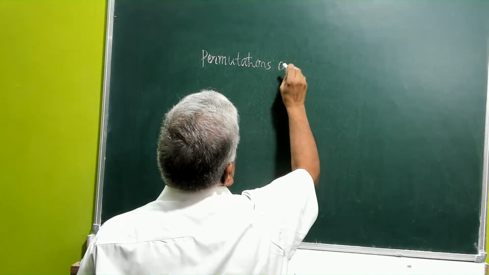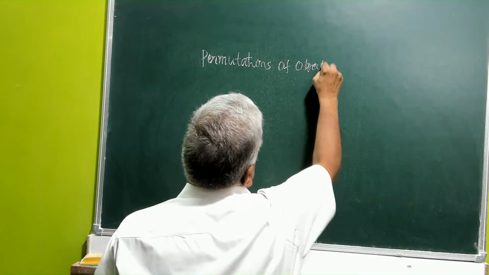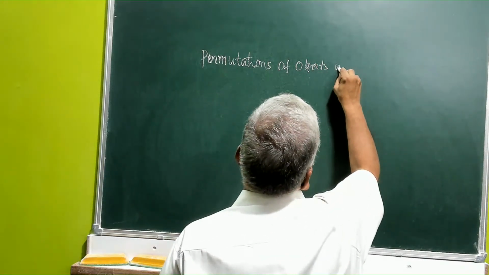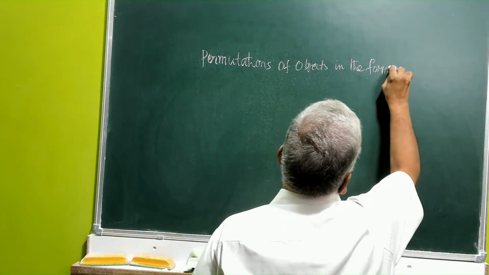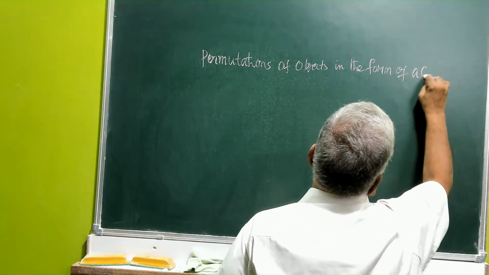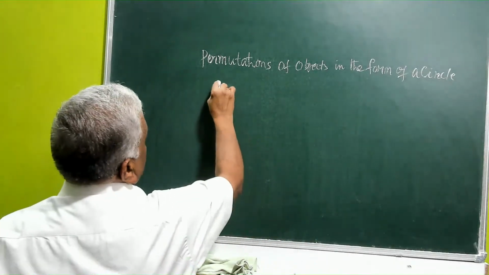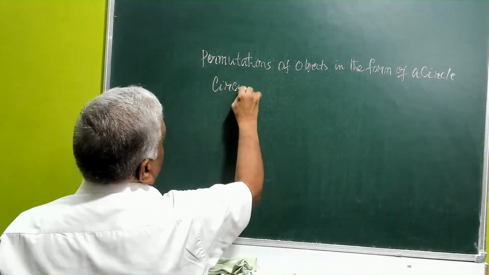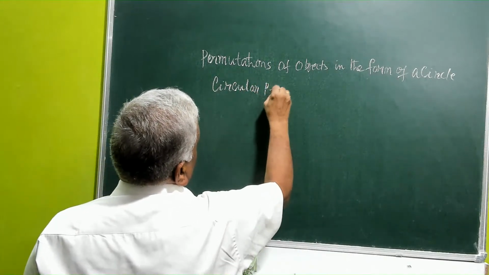Of objects in a circle, in the form of a circle. This is called circular permutations.